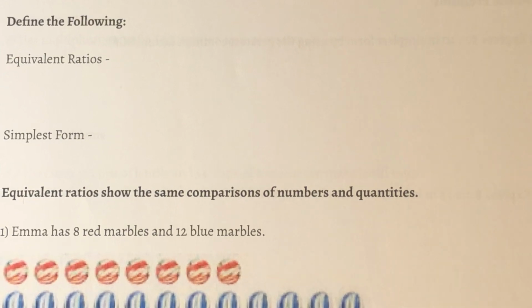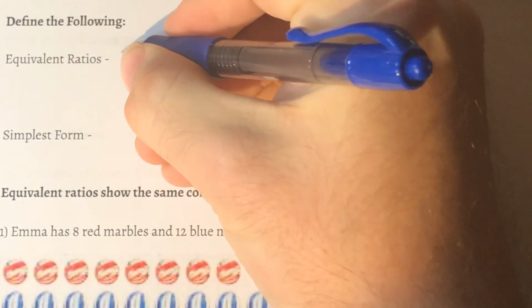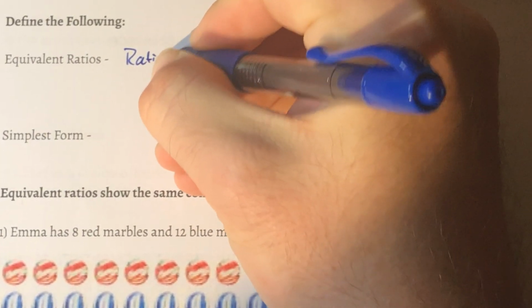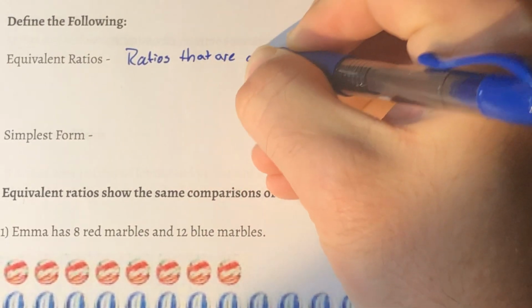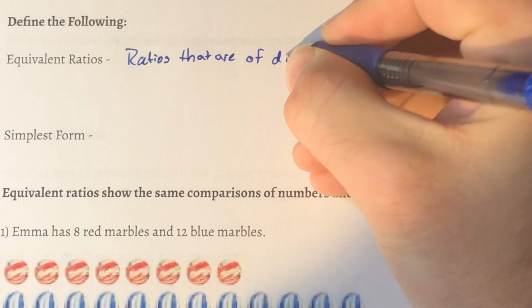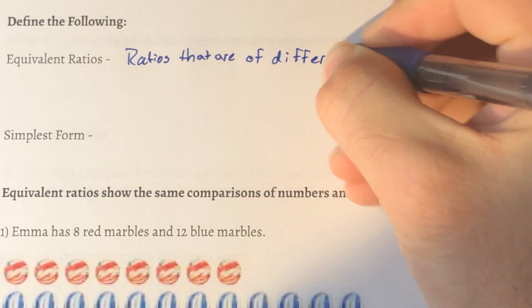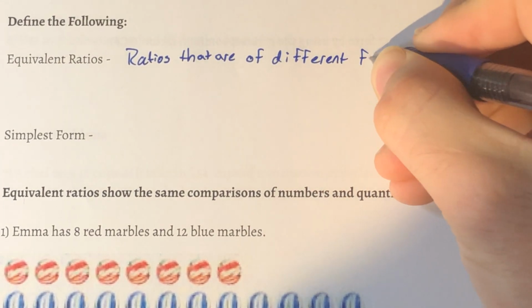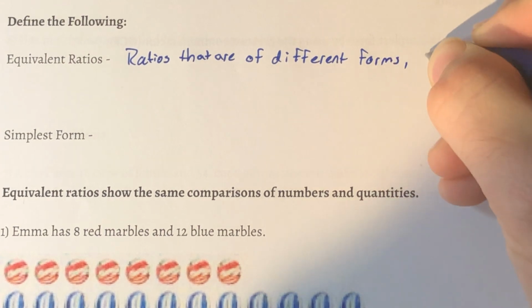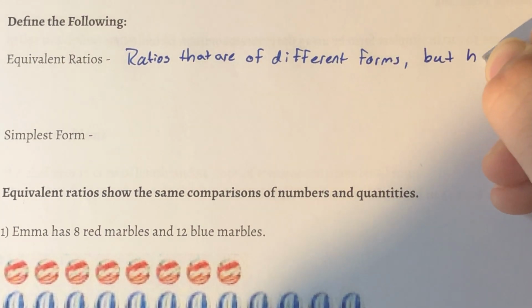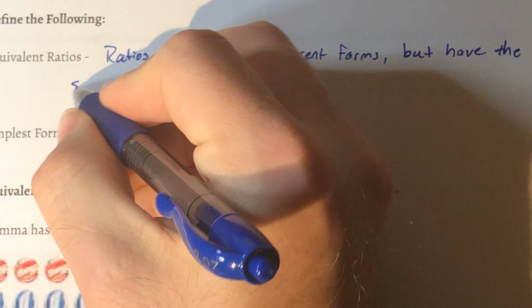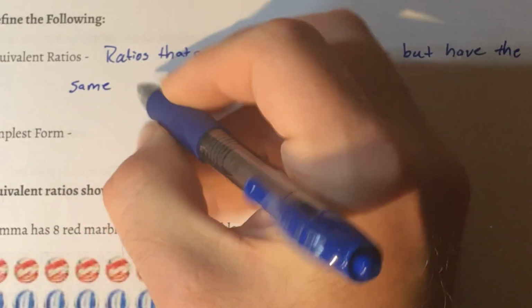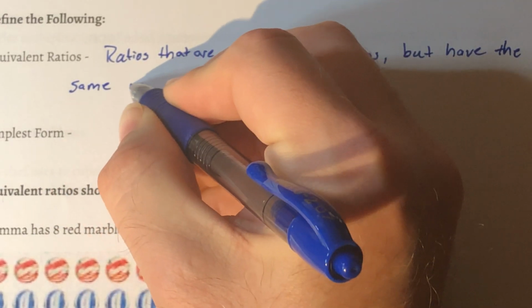Equivalent ratios are ratios that are of different forms but have the same value when simplified.